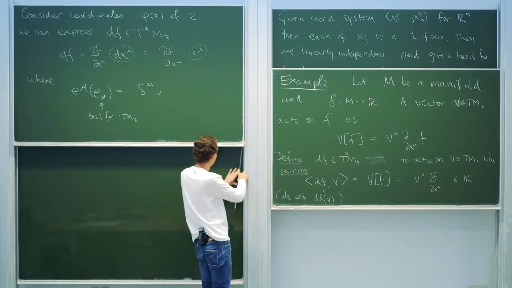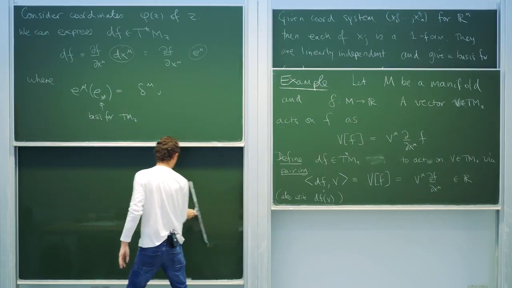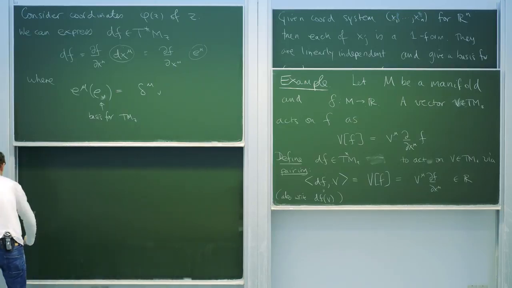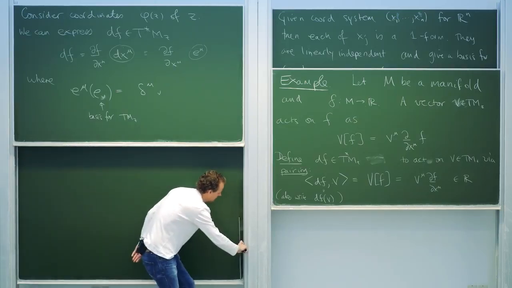So we have two ways of defining a basis for this cotangent space, and we'll see that they're the same thing.